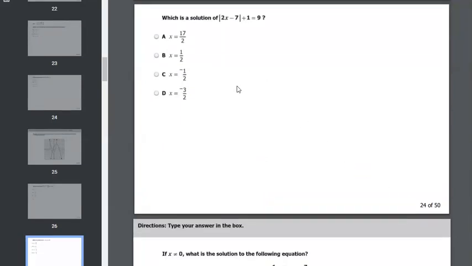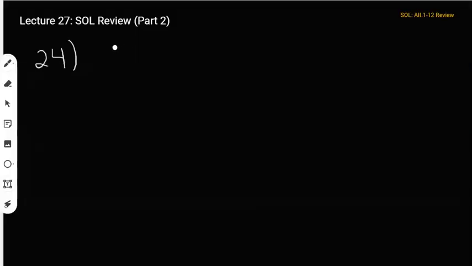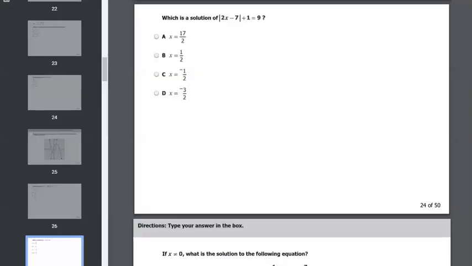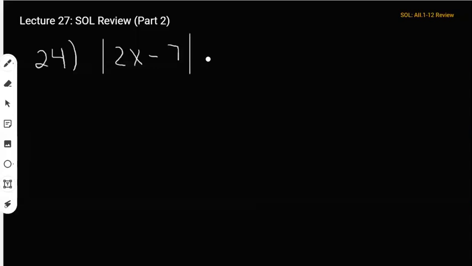So this one is an absolute value equation. Let's try this one. Absolute value of 2x minus 7. Close that up. So this is all absolute value. And then we're adding 1 and setting it equal to 9.